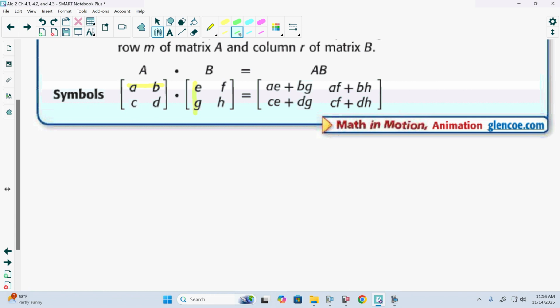Then we're going to do a similar thing. We're going to go over and down, then do A times F plus B times H, and that gives us the second element here. Now, if B had a third column, we would go over and down again. If we had a fourth, we would just keep going for each column that the matrix has.